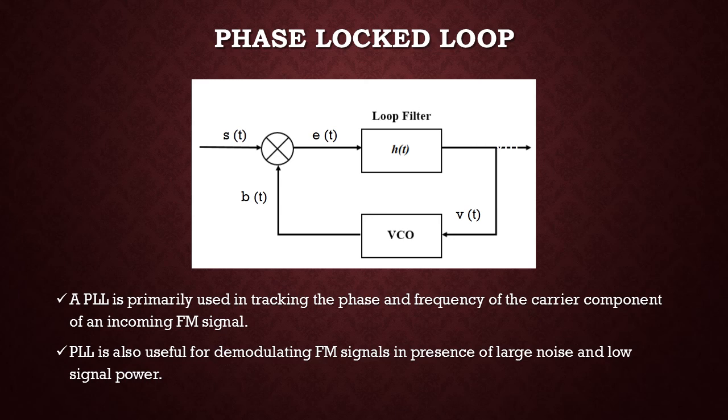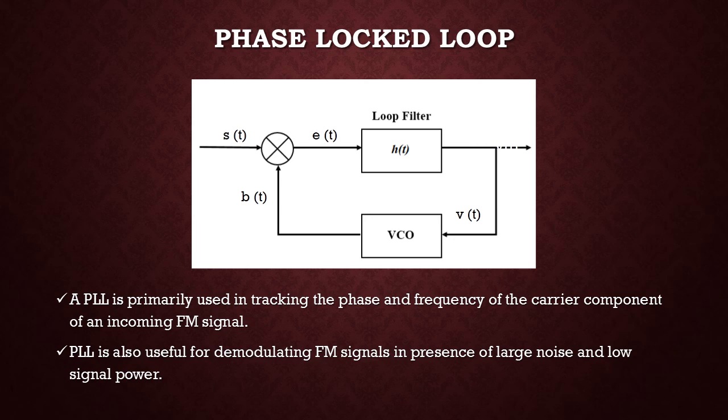PLL is also useful for demodulating FM signals in the presence of large noise and low signal power. PLL is basically a negative feedback system. It consists of three major components: a multiplier, a loop filter and a VCO connected together in the form of a feedback loop.